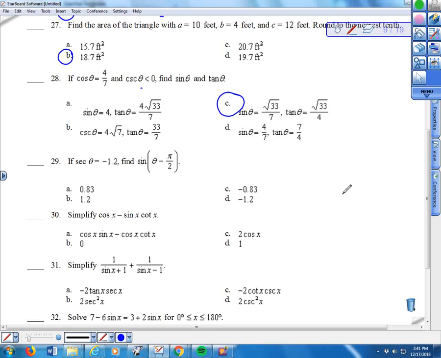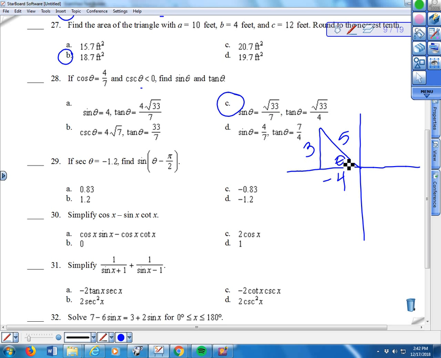If secant is negative 1.2, so that means cosine is 5/4, right? Cosine's 4/5, negative 4/5. So I'm just going to write this. So this must be 3. This is theta.